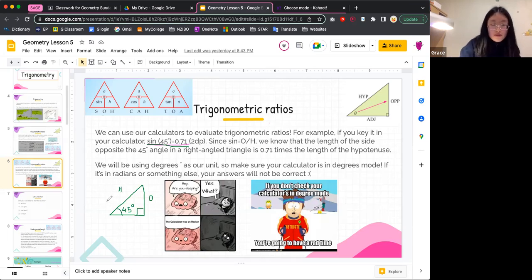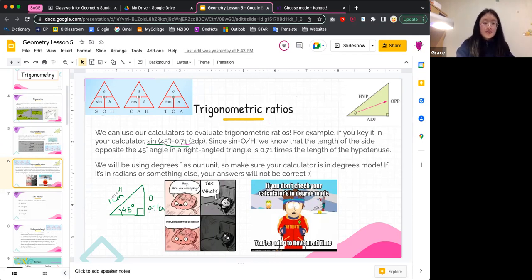So for example, if the length of the hypotenuse is 1 centimeter, then the opposite side is going to be 0.71 times that, which is 0.71 centimeters. So that's basically what the ratio means.